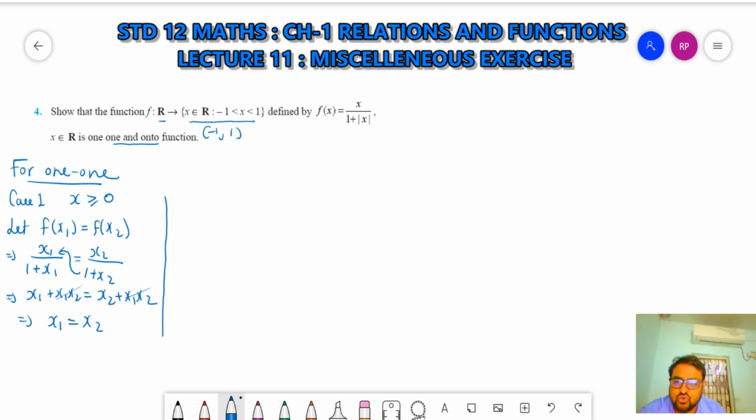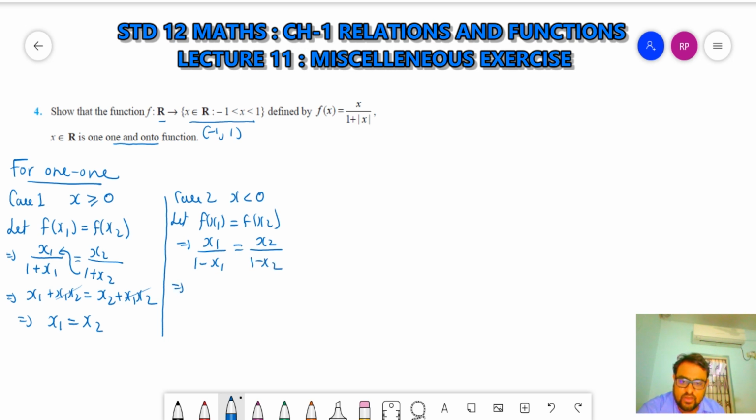Let's take case 2. x is less than 0. Now let f of x1 equal to f of x2. So what does that imply? x1 upon 1 minus x1. Reason: x is less than 0, that means modulus of x will be equal to minus x. And here x2 upon 1 minus x2.